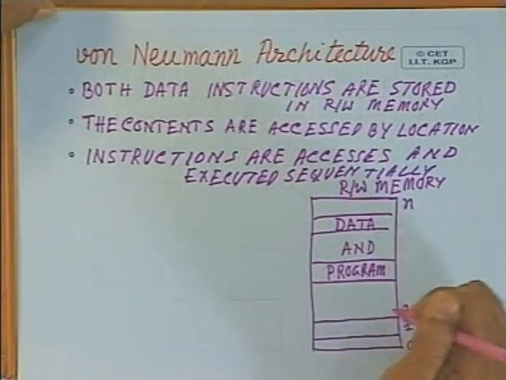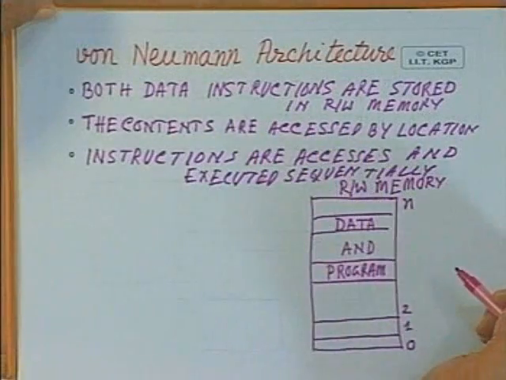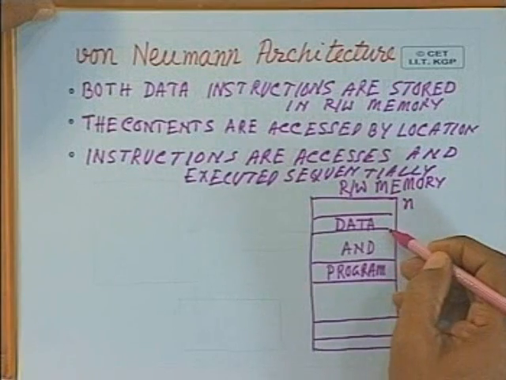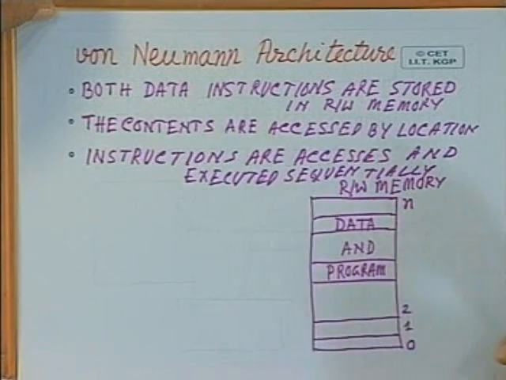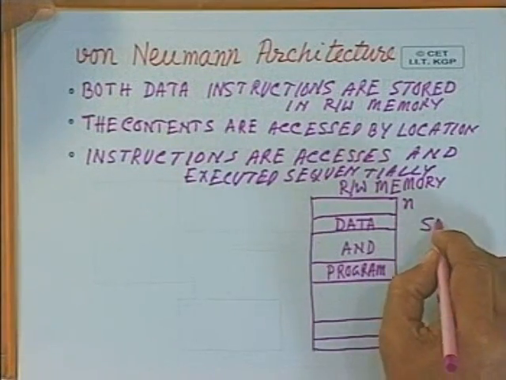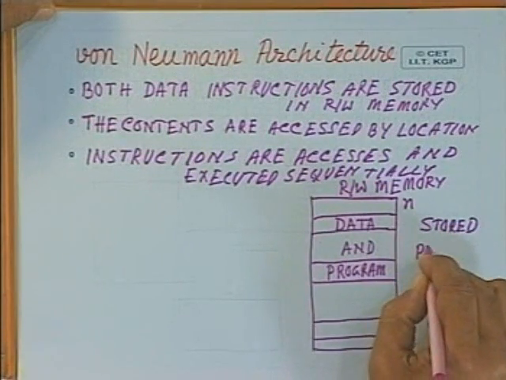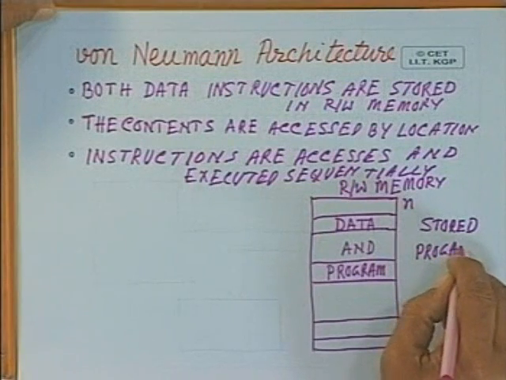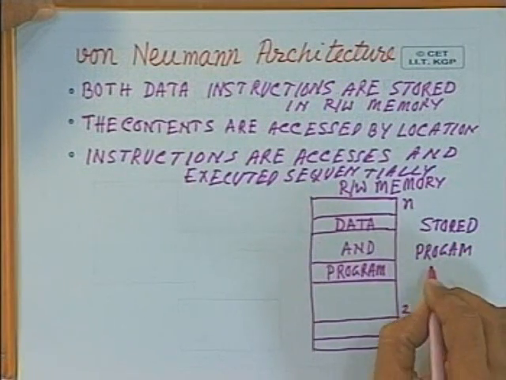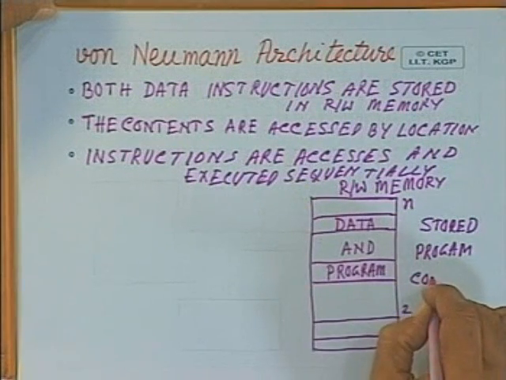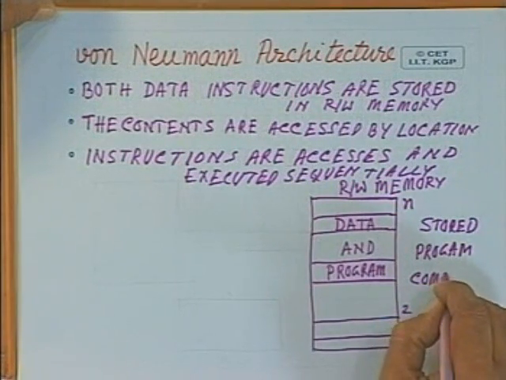This is the typical characteristic of a von Neumann architecture. And since you are storing both program and data in the memory, it is also called stored program computer or stored program architecture.